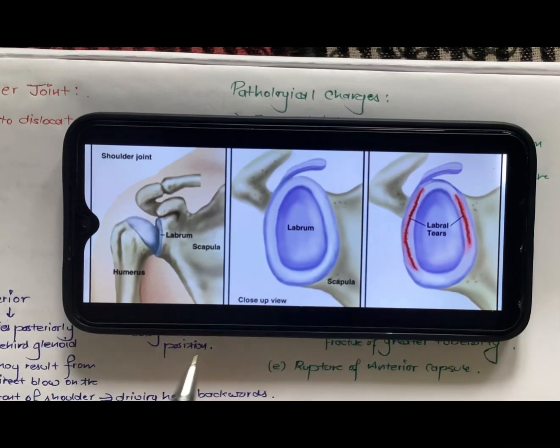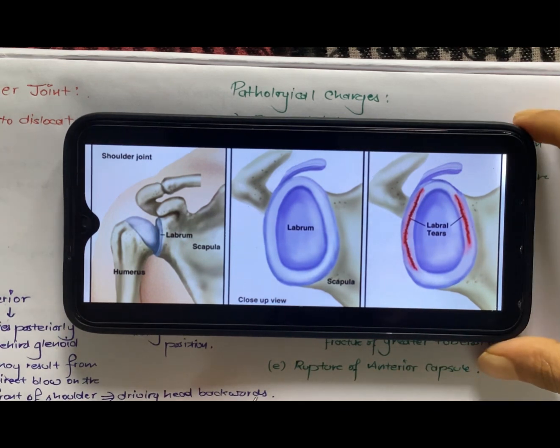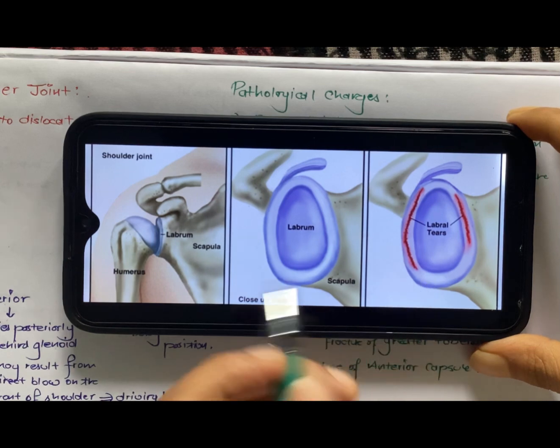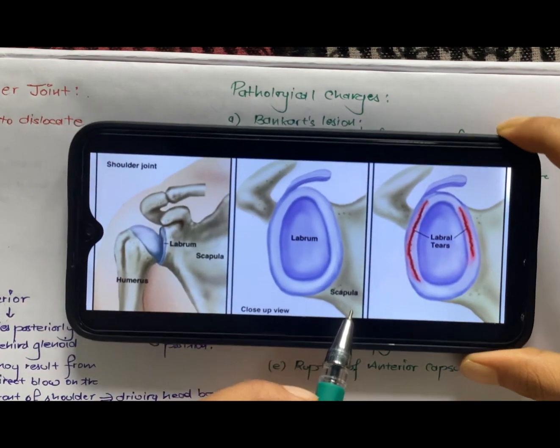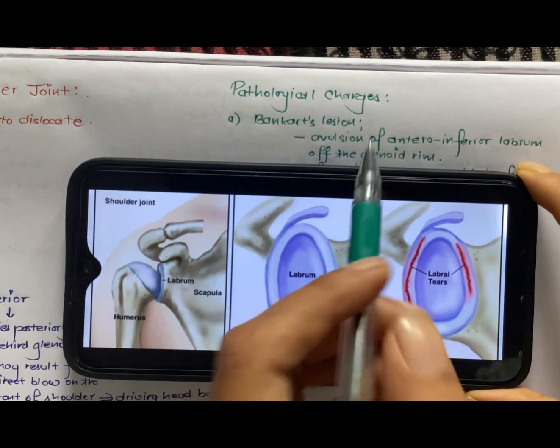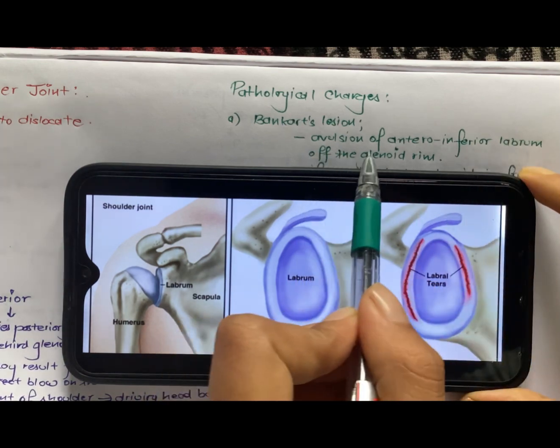Now let's talk about some pathological changes which are very important in shoulder joint dislocations, and they are Bankart lesion and Hill-Sachs lesion. Bankart lesion is the avulsion of the anterior-inferior labrum of the glenoid rim.